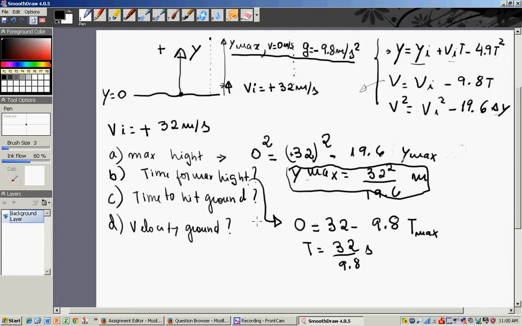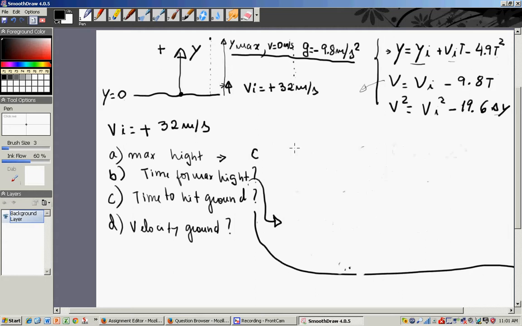And what is the time to reach the ground? Oh, this is a good thing. So you have several ways of solving for that. To find the time that it takes the rock to reach the ground, so from here to there, how can we solve for that?